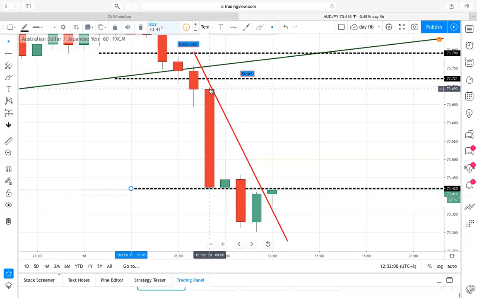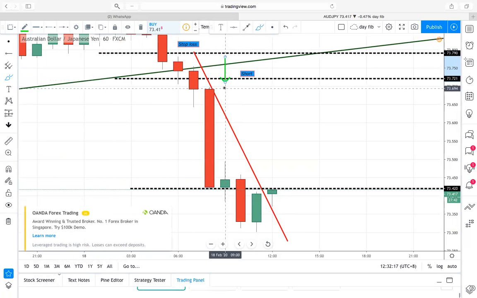So it may trick me by giving me a false breakout, right? Let me draw this. So it went up in that sense, it went up.